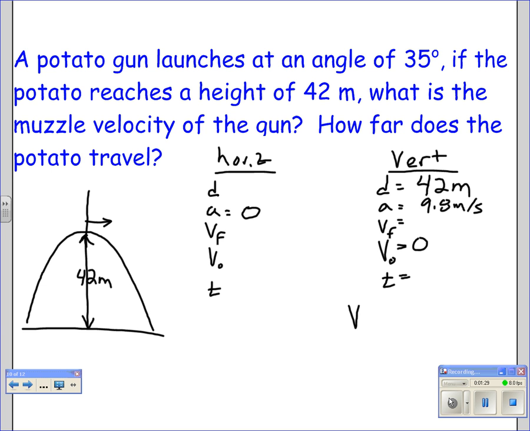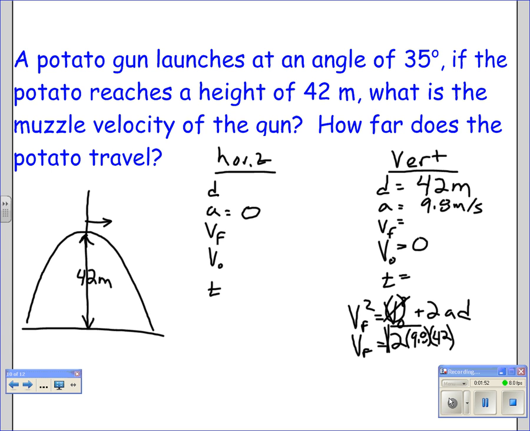We could say that v final squared is v0 squared plus 2ad. Well, v0 is 0. That cancels out. So the final velocity as it falls would be the square root of 2, 9.8, and 42.